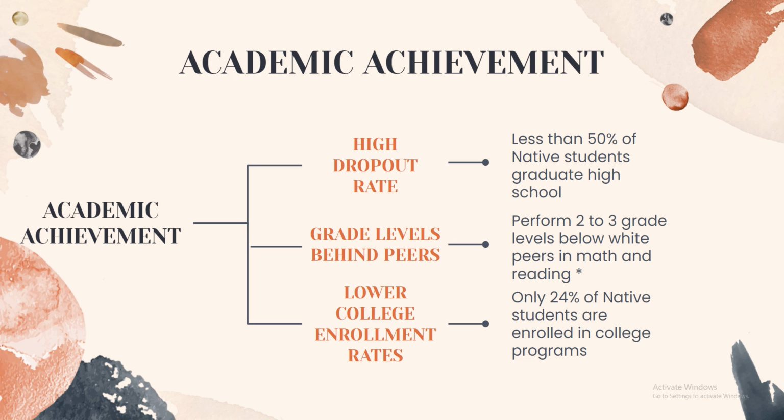So the first thing that we're looking at is those academic achievement rates, which I said that we would get back to. So as we said, less than 50% of Native American students graduate high school. So a study was taken in the 12 states with the largest population of Native American students. And while graduation rate among their peers was 71.5%, they had fewer than 50% of Native American students graduate.